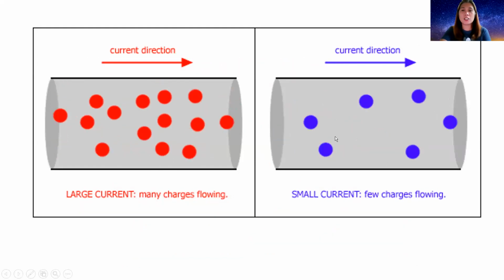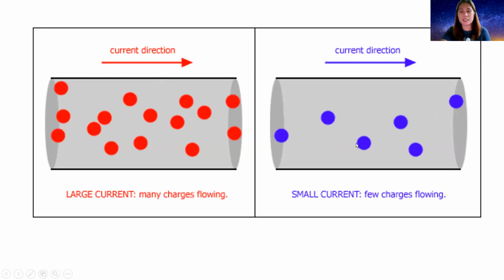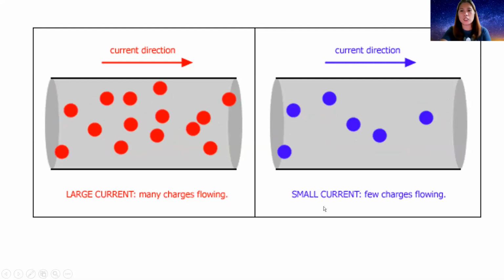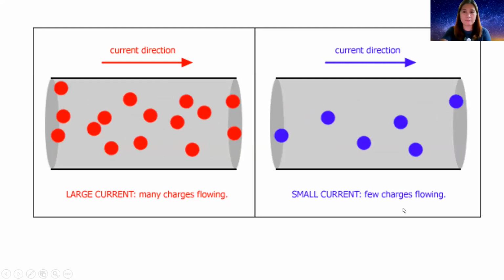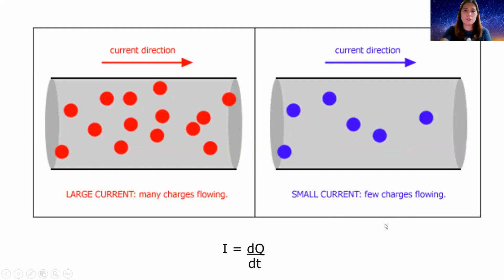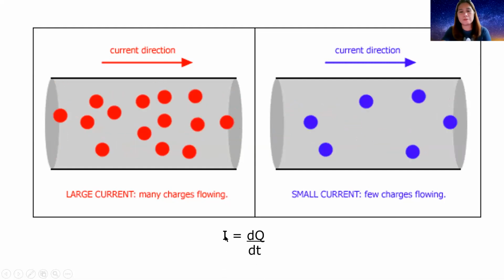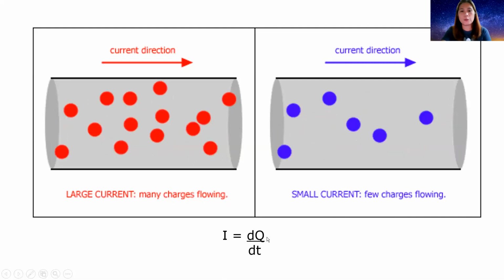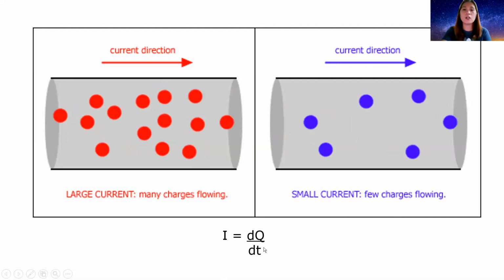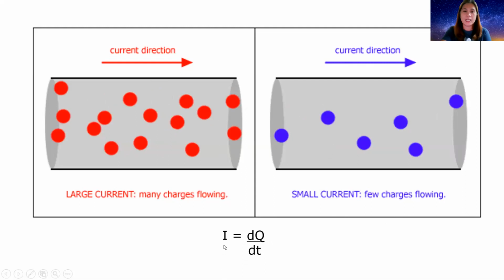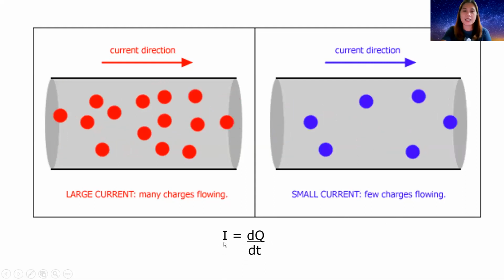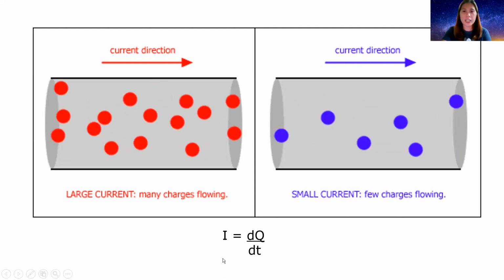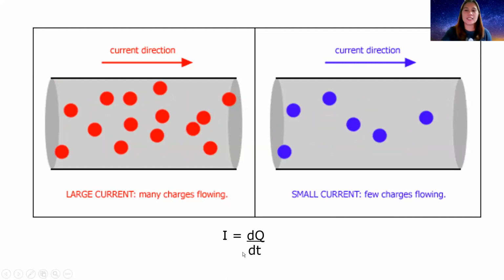So these are the charges, the charge carriers that move in the wire. This is for small current, few charges per time. So you have charge per time, so the unit would be coulomb per second, which is more commonly known as ampere. And then the capital letter I here is our symbol for current, I for intensity.